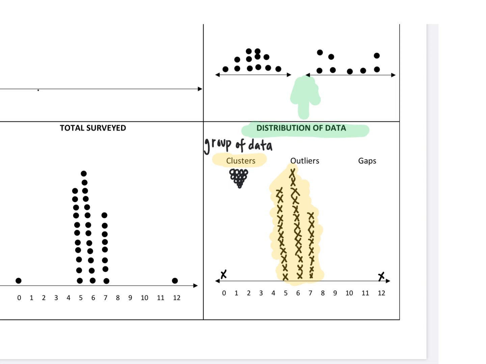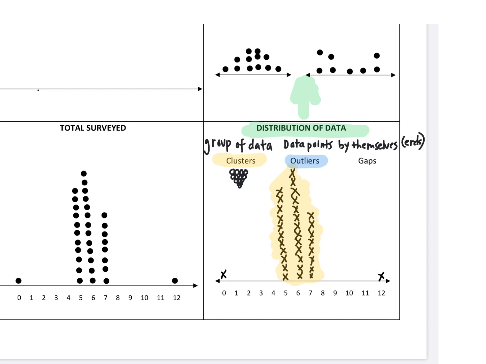Let's talk about our second word. Our second word is outliers, okay? Those are those data points by themselves. And they have to be on the end, okay? In order for it to be an outlier, it has to be on one of the ends.